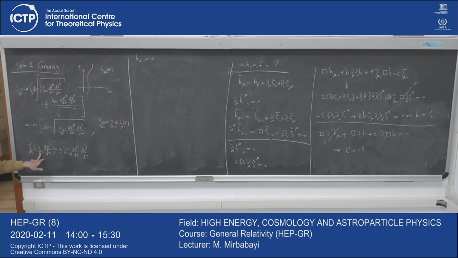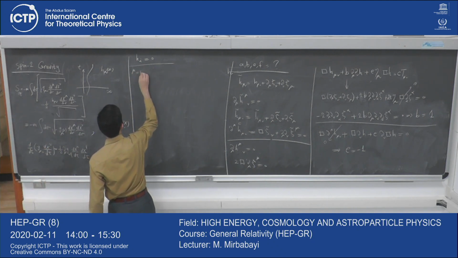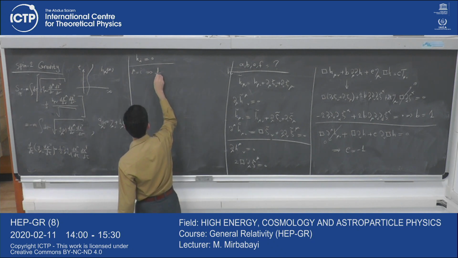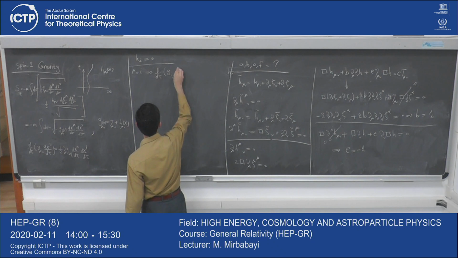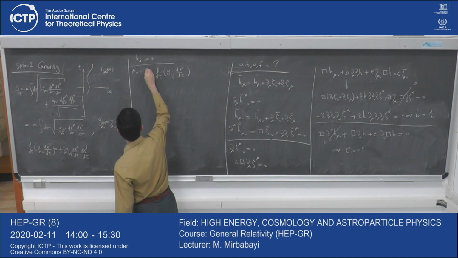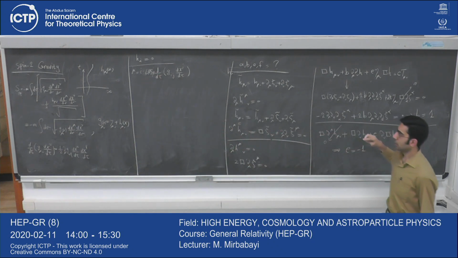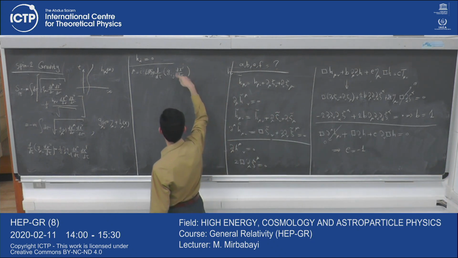So if I look at the i component of this, then on the left hand side I have d/dτ of g_{ij} dx^j/dτ. This is the left hand side. And of course, non-relativistic means that the velocities are small.